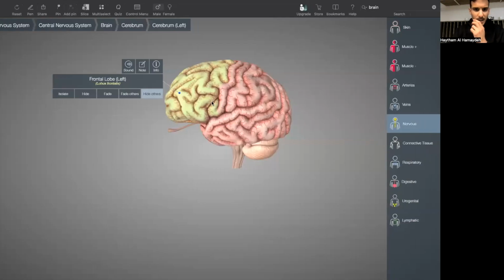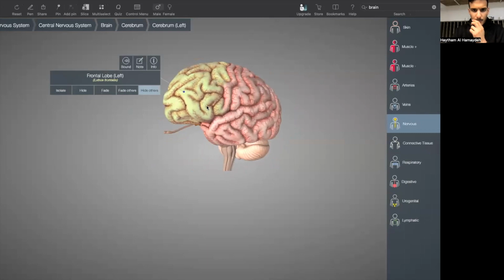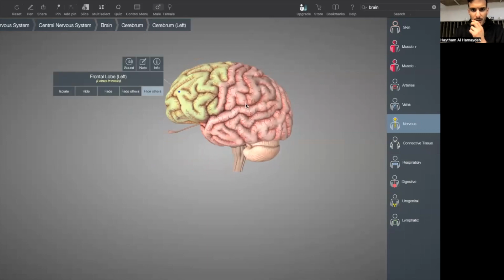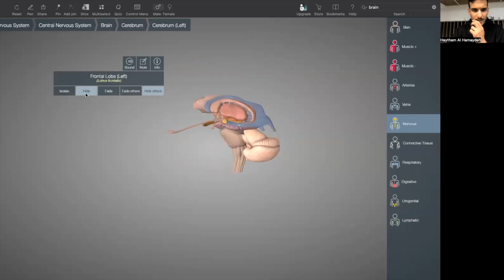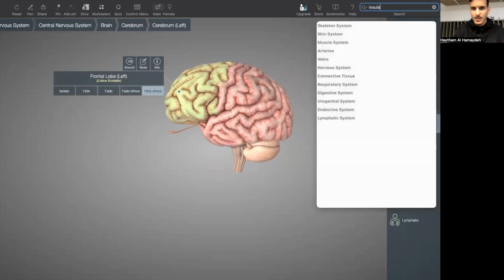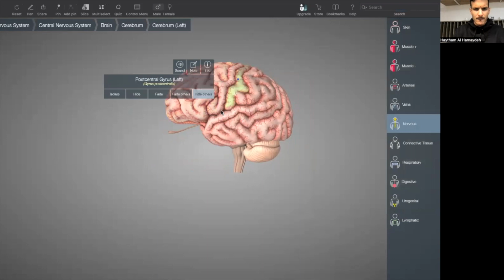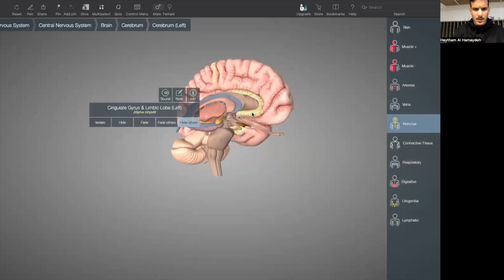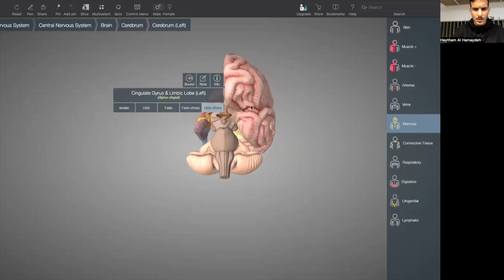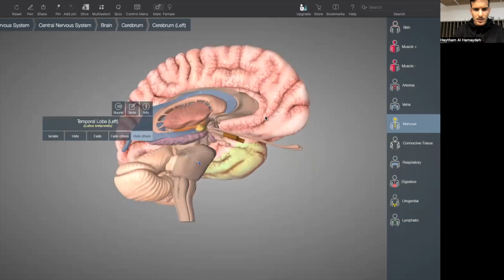I don't know how I can show you guys this, but I guess we have to open this lateral end. Let's see if I can search for it, insula.